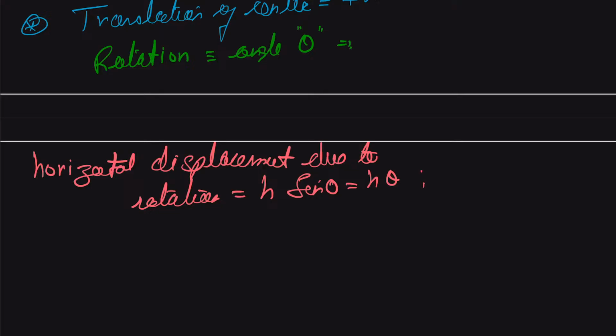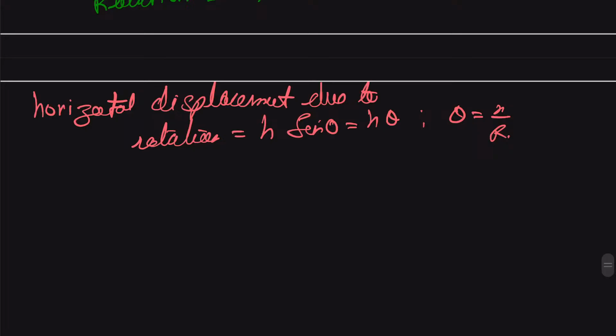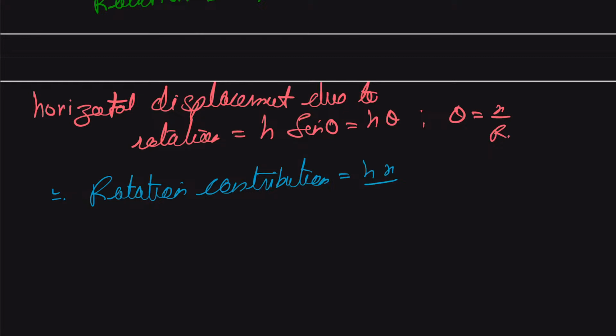And we also know that theta is nothing but x upon r. Therefore, we can say that the rotation contribution will be equal to, we substitute the value of theta, so this comes as hx upon r.